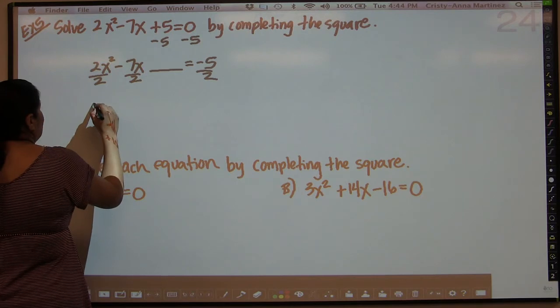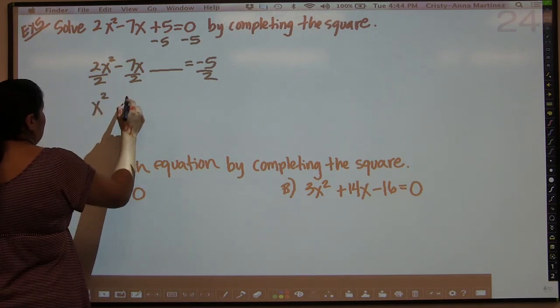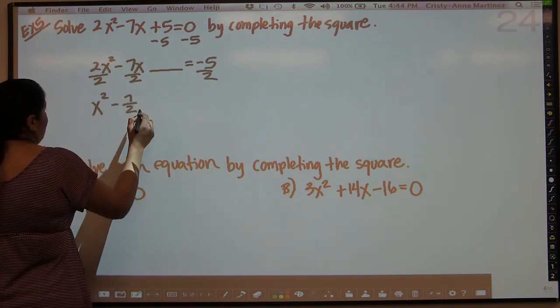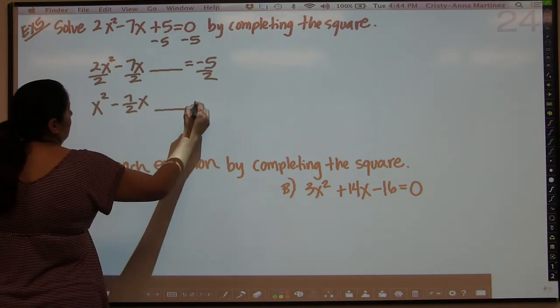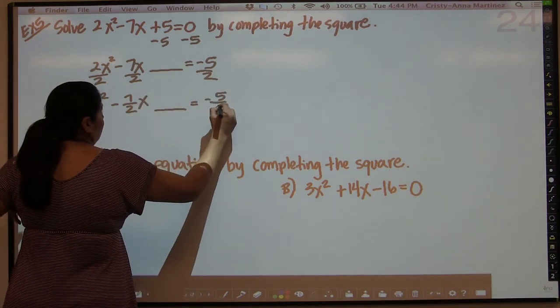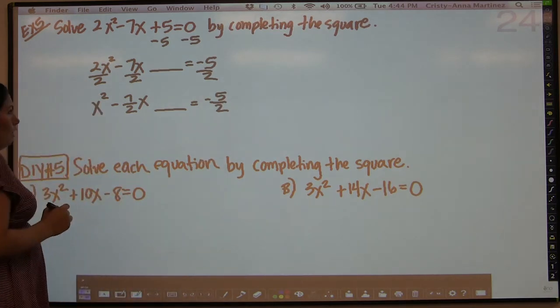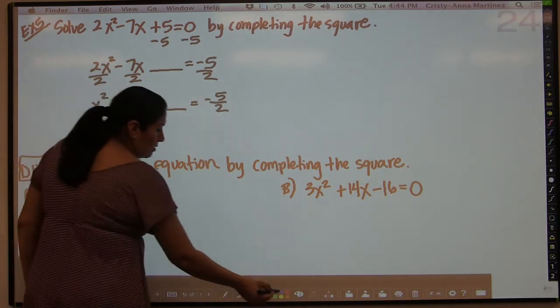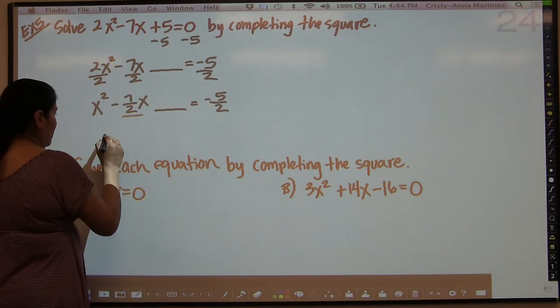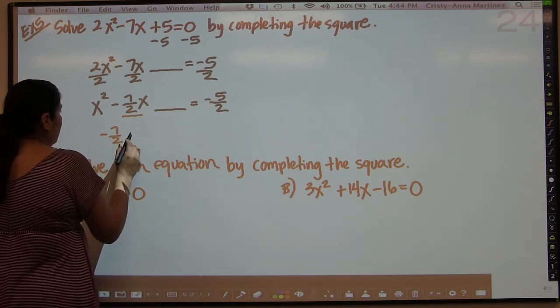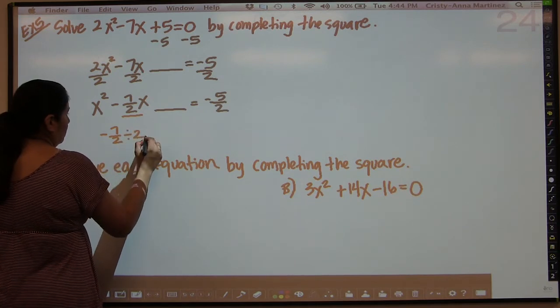And so when I divide, it doesn't matter if a doesn't go in evenly. You still have to put minus 7 halves x blank equals negative 5 halves. Okay? Now I'm going to take my b, and b is the number right here in front of x, and I'm going to take negative 7 halves, and I'm going to divide it by 2.